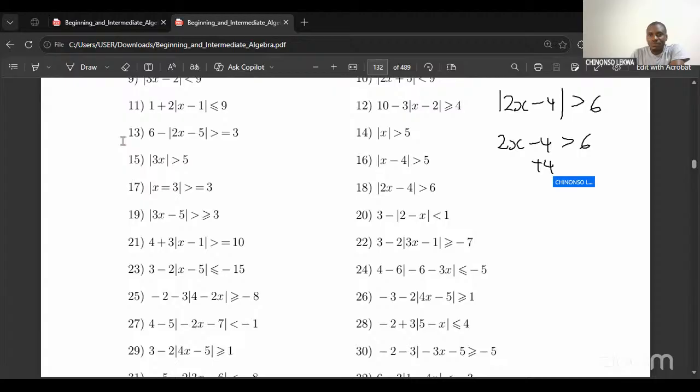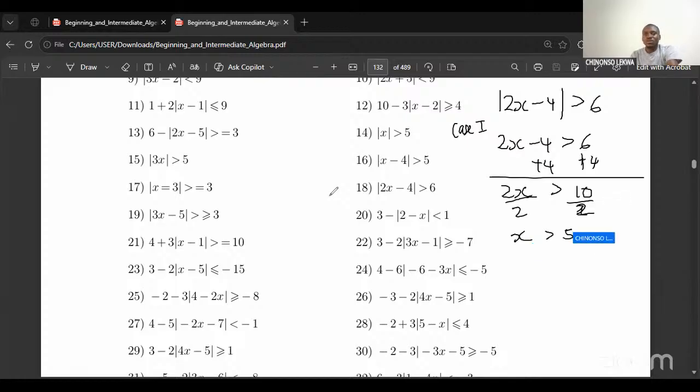So I'm left with 2x greater than 10. To get x, I need to divide through by 2, so that x is greater than 5.